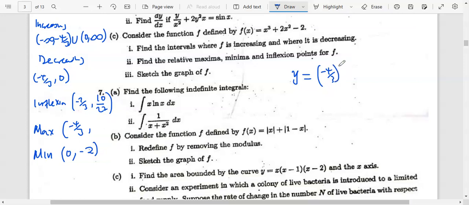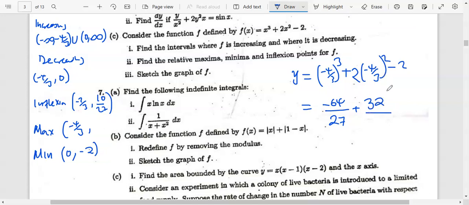So this is negative 4 over 3 raised to the power 3, plus 2 multiplied by negative 4 over 3 raised to the power 2, minus 2. Negative 4 to the power 3 is negative 64, and 3 to the power 3 is 27. Negative 4 squared is a positive 16, and 16 times 2 is 32.